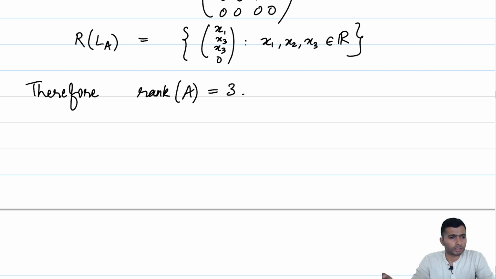It can happen that for a big m and a big n and a more complicated matrix, it is far more difficult to compute the dimension of the range of L_A. So we will spend some time and energy to get hold of methods with which we will be able to simplify this calculation.